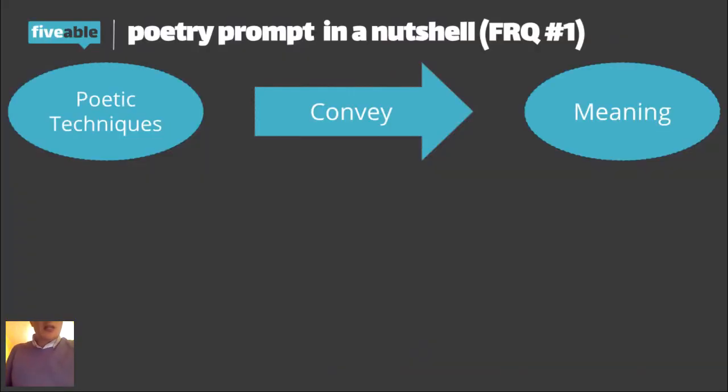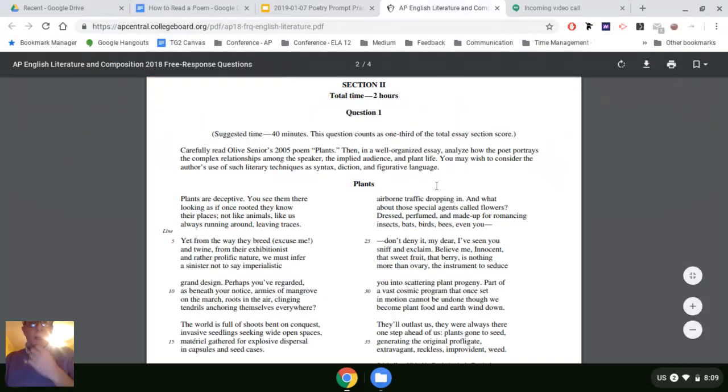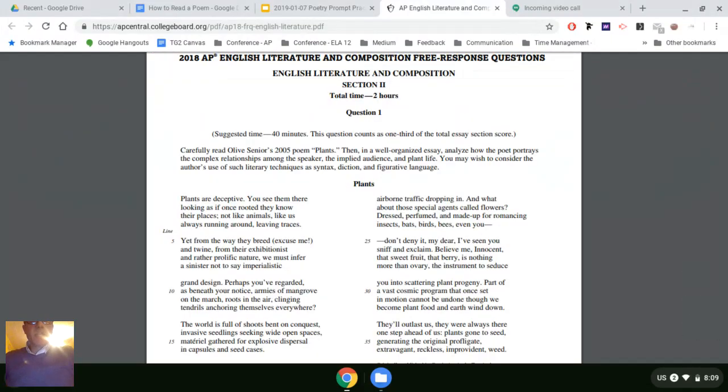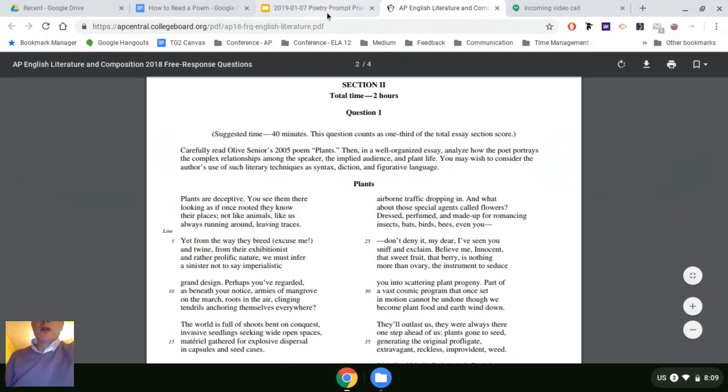And as we look at the prompt together, let's jump out of here really quick and look at the prompt together. Carefully read Olive Senior's 2005 poem, Plants. Then, in a well-organized essay, analyze how the poet portrays the complex relationship among the speaker, the implied audience, and plant life. You may wish to consider the author's use of such literary devices as syntax, diction, and figurative language.